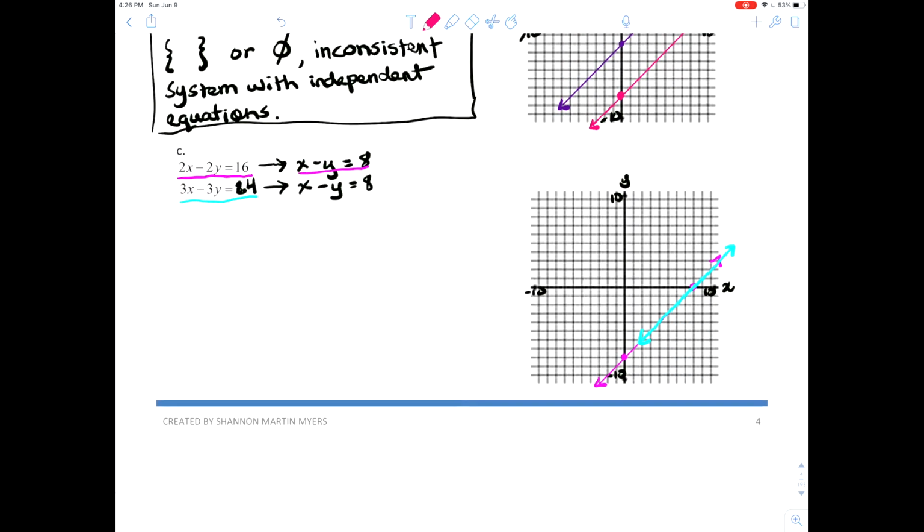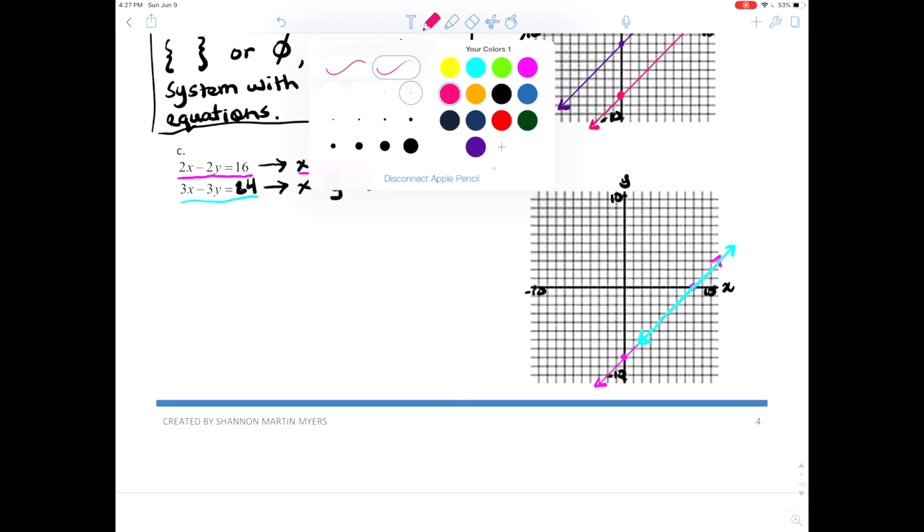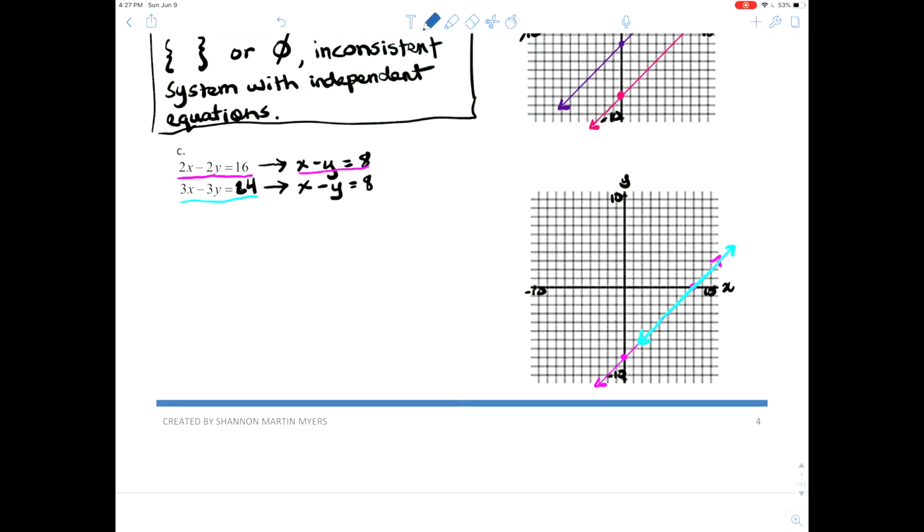Now, how would I represent this one? I mean, both of them are x minus y equals 8, right? So what should I do? Perfect. We want to parameterize, right? So we got something that's collinear, dependent. So we need to parameterize. Cool, cool. So what did we have?